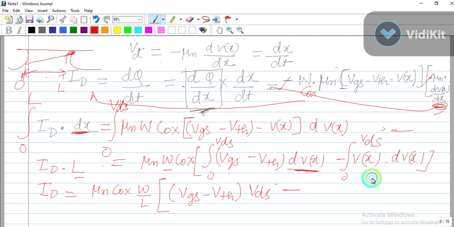And minus this will become Vx square, so it will become VDS square by 2.